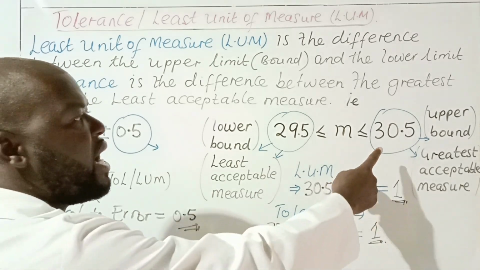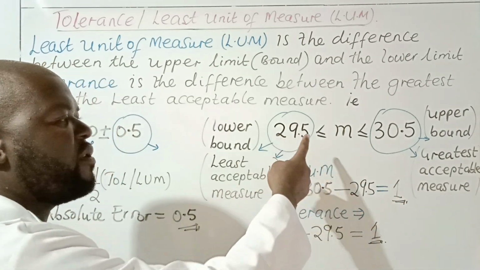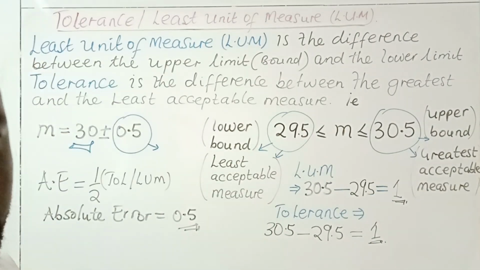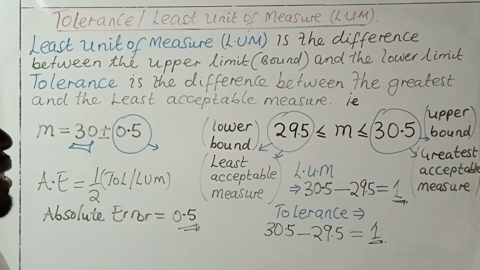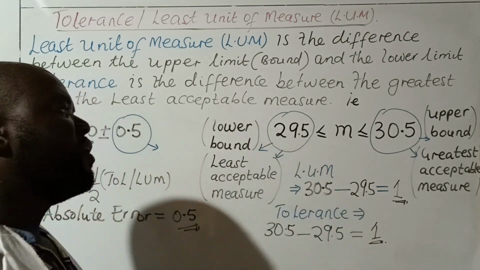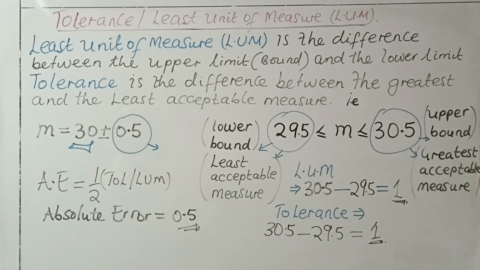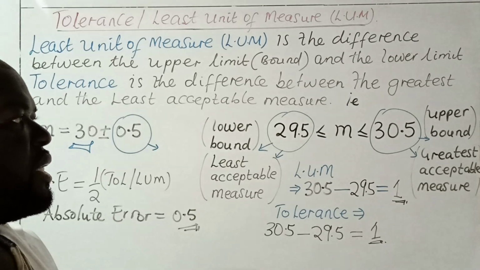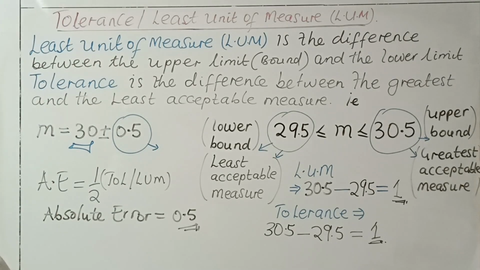When we add 30.5 and 29.5, we get 60, and half of 60 will be the midpoint. So half of 60 is basically 30. So the midpoint for our mass in set builder notation is 30, and the absolute error is 0.5.